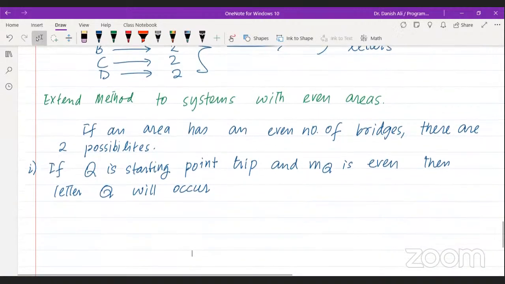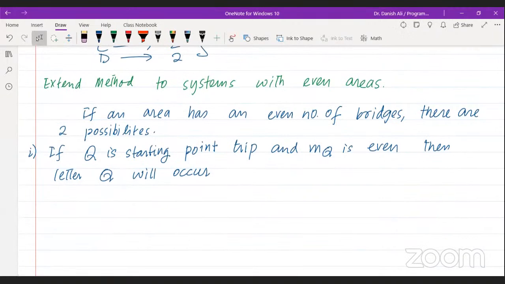You remember you have to use only one. Twice, and you will end at Q. Twice of what? Twice of MQ.